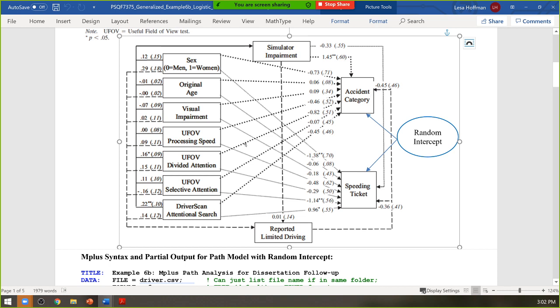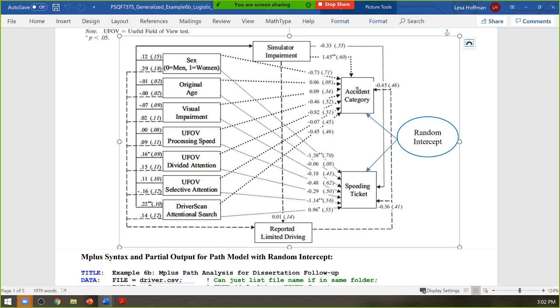So the thing about that indirect effect, though, is that it is almost impossible to actually try to interpret as a number, because the path from driver scan to simulator impairment, those are both being treated as normal. So that's a regular regression path with no link function, whereas the path from simulator impairment down to accidents, that's a logit.